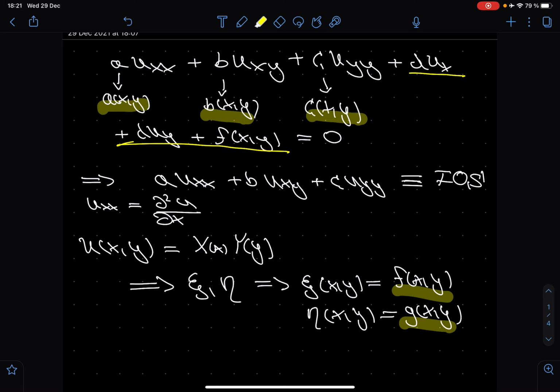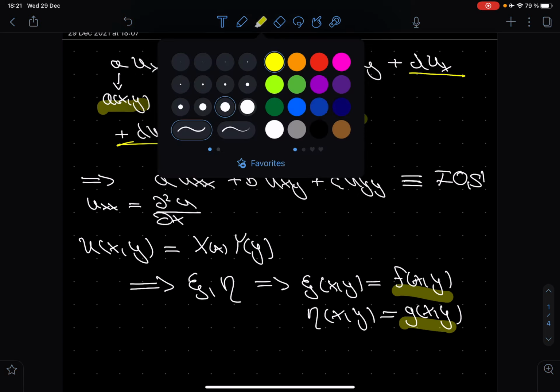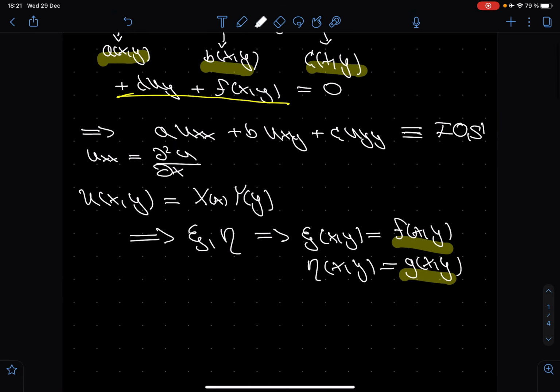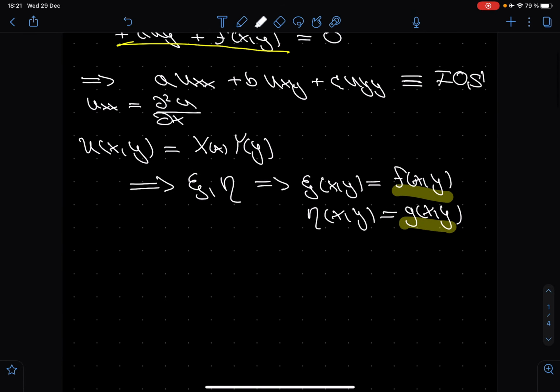And if we have those coordinates, the derivatives will also look different in terms of x and y.